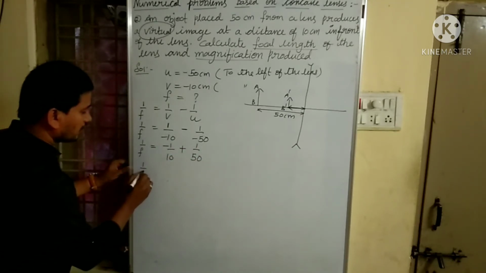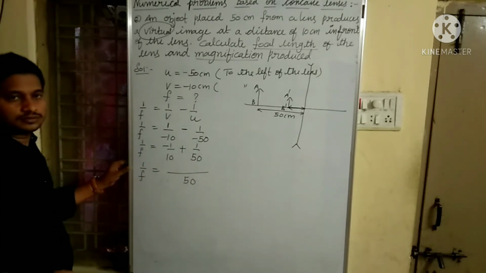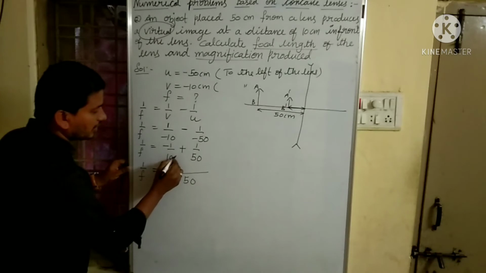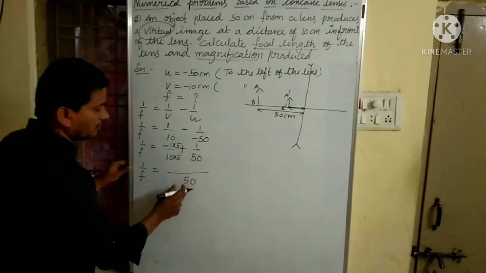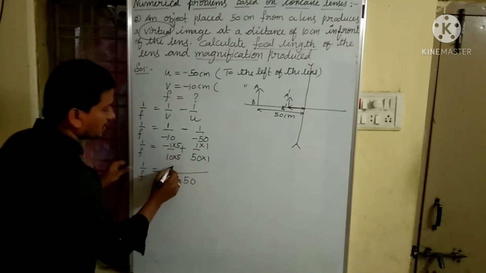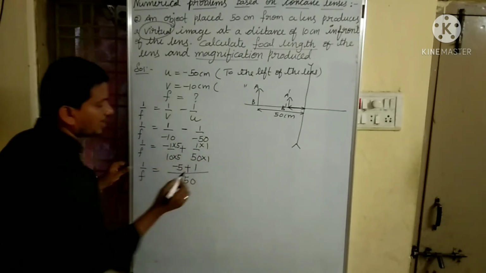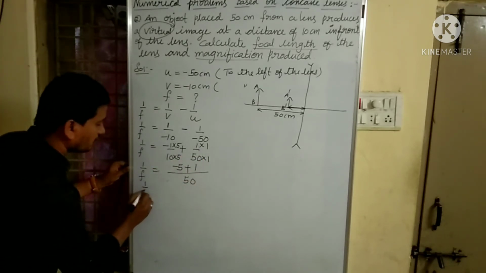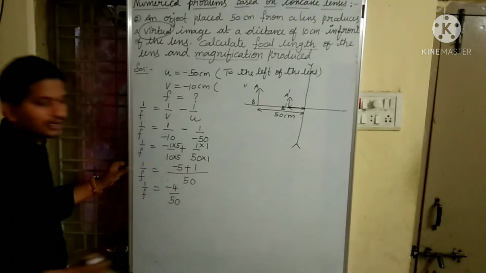What is the LCM of 10 and 50? Which is 50. 10 times 5 is 50, so minus 1 into 5 is minus 5, plus 1 into 1 is 1. So 1 by f equals minus 5 plus 1, that is minus 4 by 50.